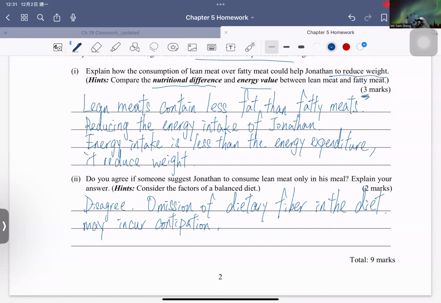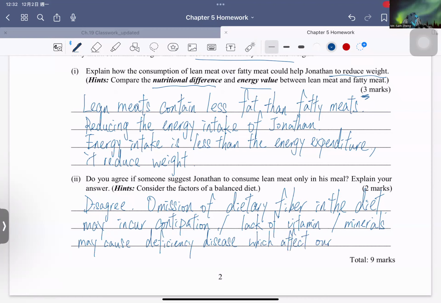Or maybe lack of vitamins or minerals may cause deficiency disease, which affects our health. So these would be how we answer it.